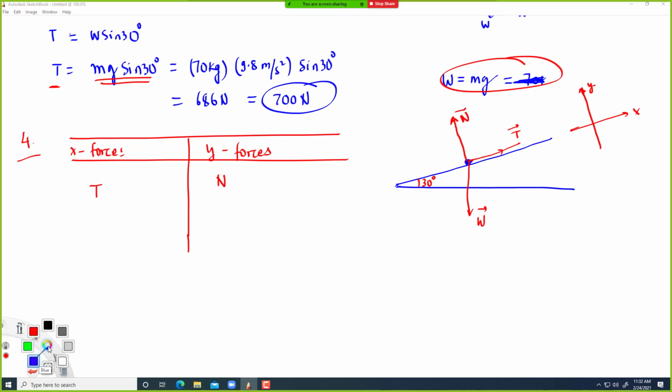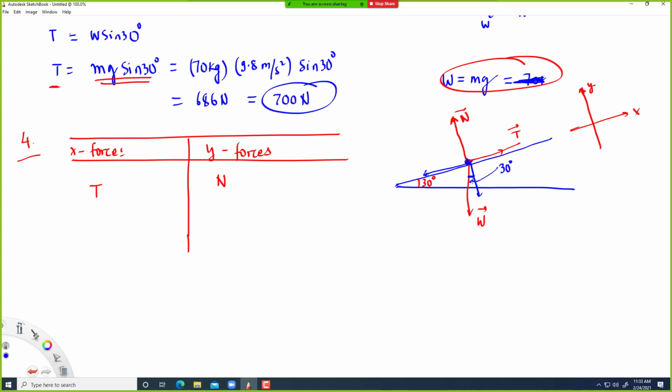So let's look at that again. This is the y axis and this is our x axis. The weight has a part along the y direction and a part along the x direction, and to find those components we need this angle. And again, just like I said before, this would be 30 degrees. We'll show that in the lab.